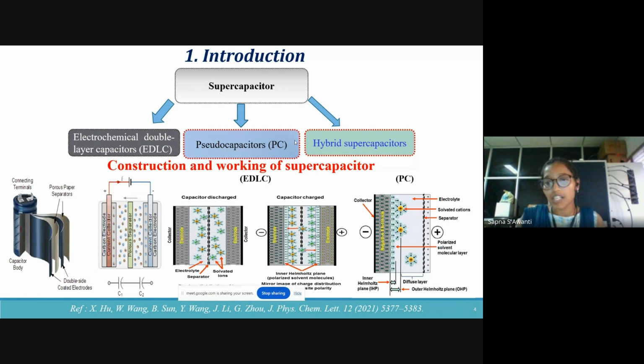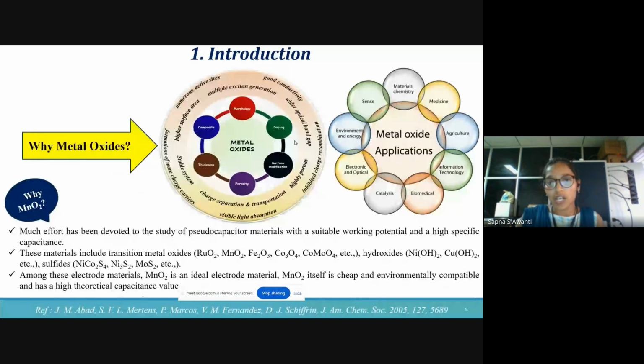In a pseudocapacitor, there is a faradaic process, that is, there is a chemical reaction between the electrode and the electrolyte. And here is why we are using metal oxides: they have high surface area, wider optical band gap, porosity, charge transfer and transportation, visible light absorption, good conductivity, and numerous active sites.